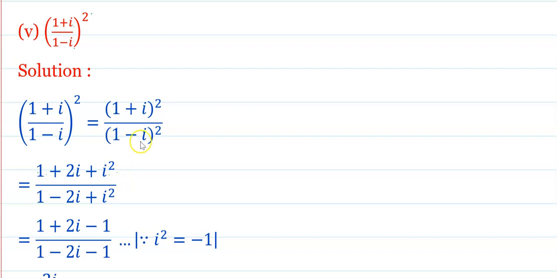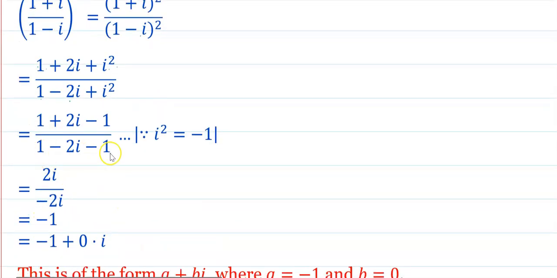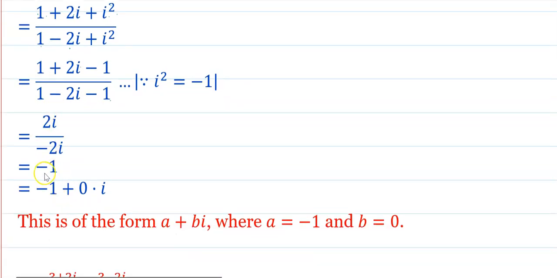Upon (a minus b) square, means 1 square minus 2 into 1 into i plus i square. i square is minus 1, i square is minus 1. Okay. Plus 1 minus 1 get cancelled. Plus 1 minus 1 get cancelled. Plus 2i upon minus 2i. Okay. This 2 gets cancelled, i gets cancelled. You are getting only minus 1. And this minus 1 can be written as minus 1 plus 0 into i. Again it is in the form a plus bi, where a is equal to minus 1 and b is equal to 0.